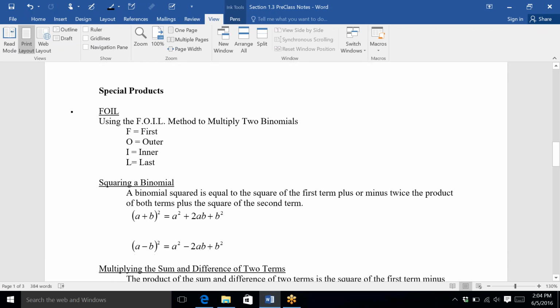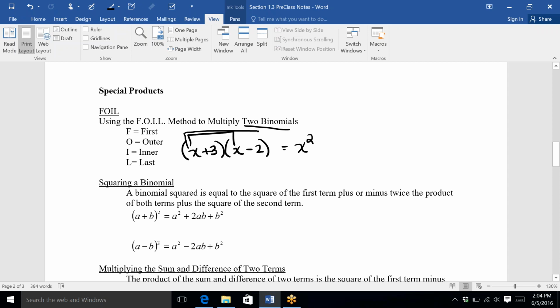Special products, you may remember this from previous classes or previous material. FOIL is just a special name for multiplying two binomials together. So if you have something like x plus 3 times x minus 2, first means multiply the first thing in each parentheses, so that would be x times x, which is x squared.